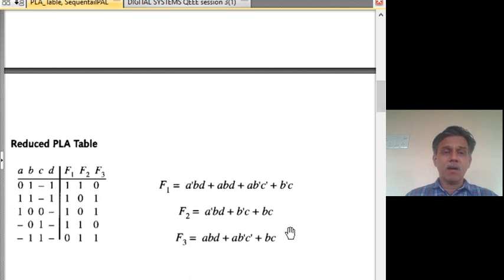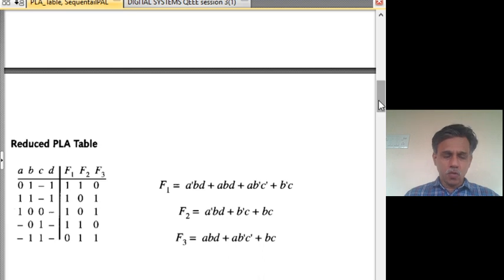But here there are many common terms. For example, you can see that ABD is common, A dash BD is common, B dash C is common, and A B dash C dash is common. So there are many common terms, and only 5 distinct terms need to be realized.